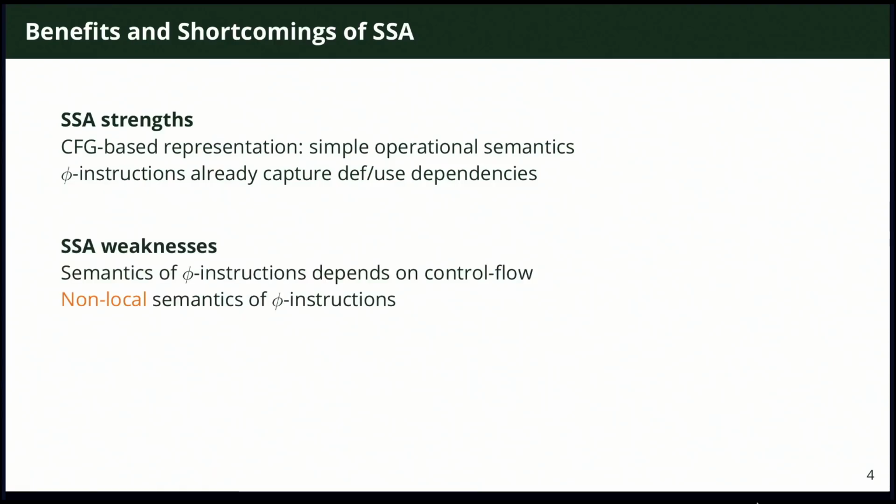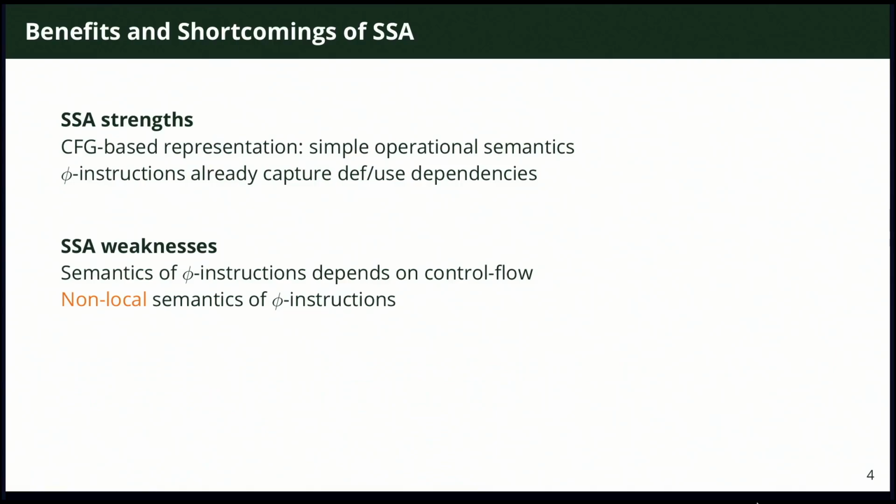So one weakness of SSA, though, is that the semantics of phi instructions themselves are a bit weird. They're actually not very local to the current execution context. To execute a phi instruction, you have to actually look at where the control flow came from to make the right choice.